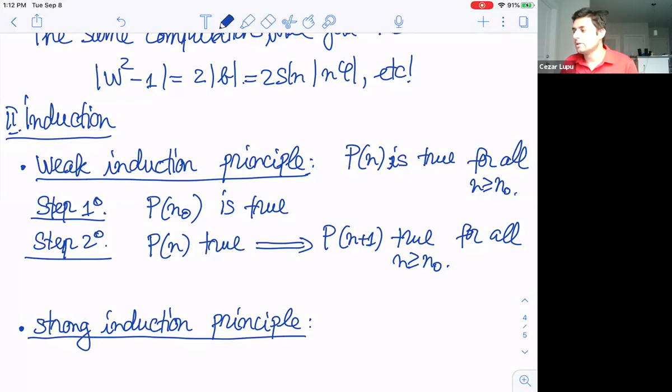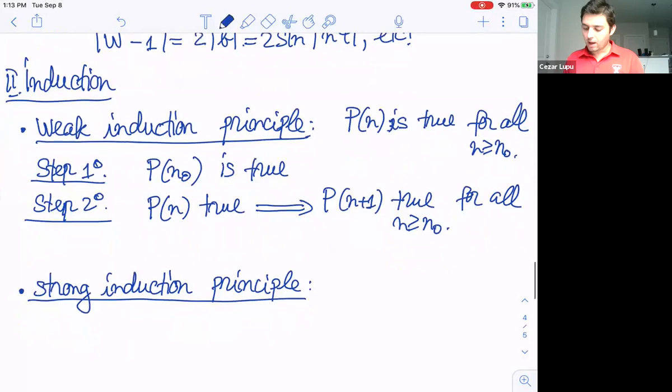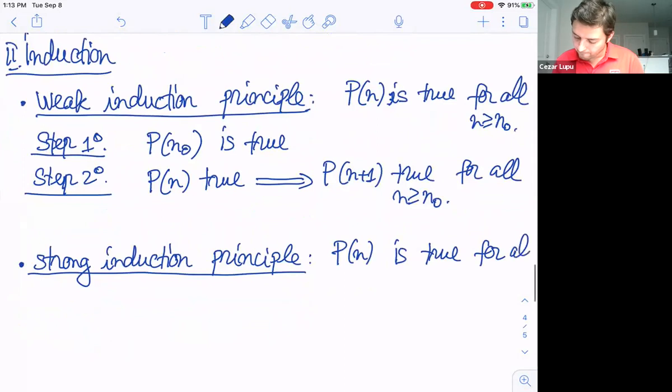Anyway, this is the weak form. The strong form will be a little bit different. So I'm given a proposition. Again, I want to prove that P of n is true for all n greater than n0, right? That's what I want to prove. And step one is the following.